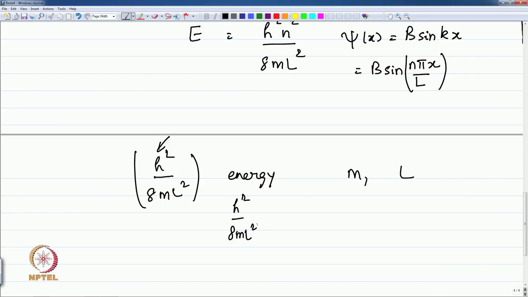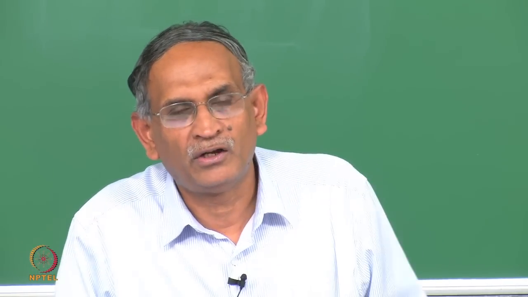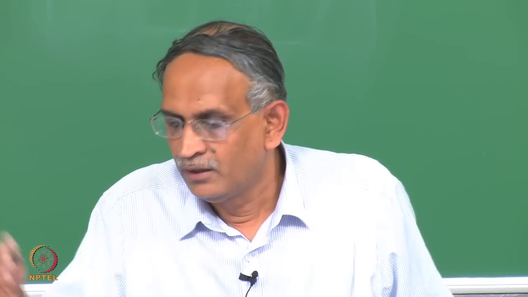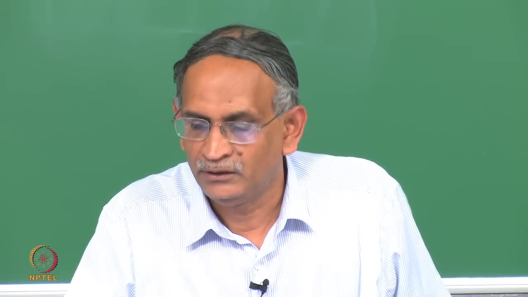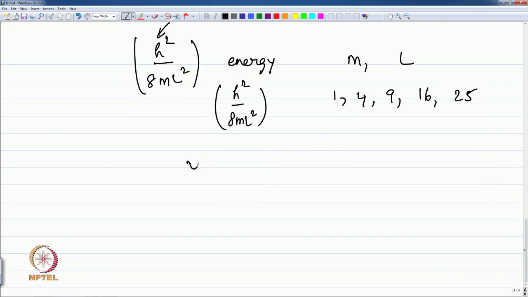This is the fundamental unit for this box, and then it is 1, 4, 9, 16, 25 as the value of n becomes 1, 2, 3, 4 etc. Therefore, particle energies are discretized. The second part is the wave function, given in terms of b sin nπx by L.